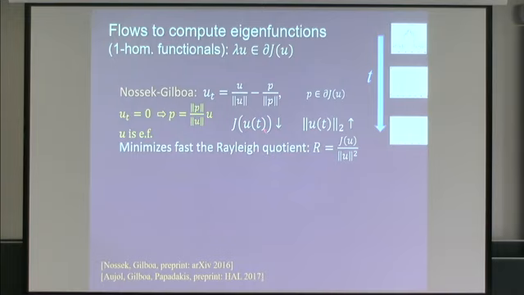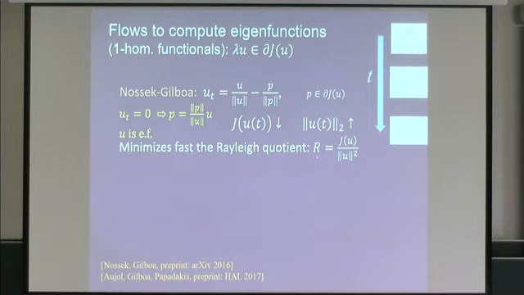We also can show that the one homogeneous functional decreases and the L2 norm increases, and this is related to Martin Benning and Burger's Rayleigh quotient, the generalized Rayleigh quotient. So it actually minimizes fast because this is going down, this is going up.